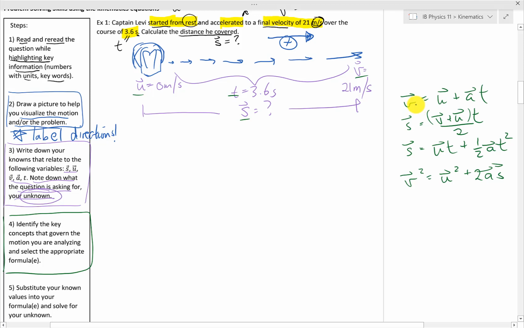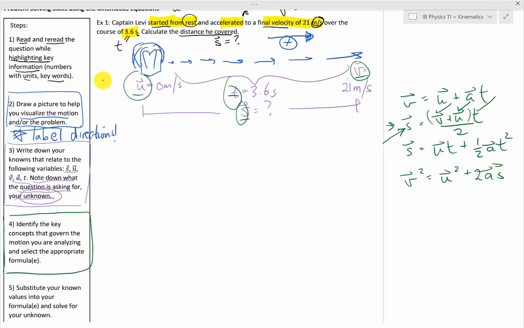The one that we are looking at is this second one over here, because we have the time, we have the initial velocity, we have the final velocity, and this is our unknown. The 4 variables are featured in that equation for us to use. That is the one that you want to use, okay? So I'm going to write that down, okay?